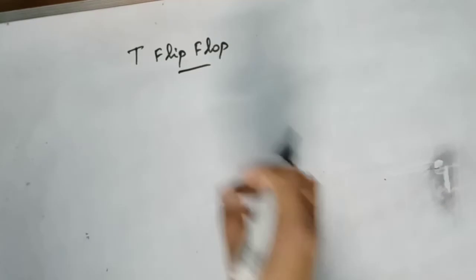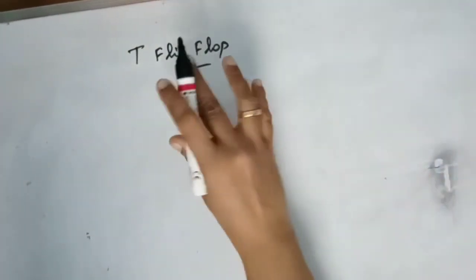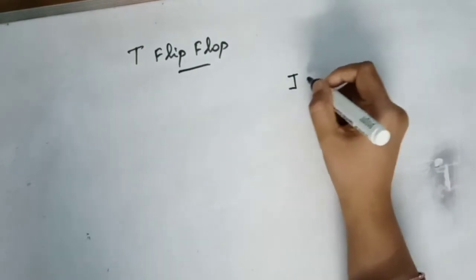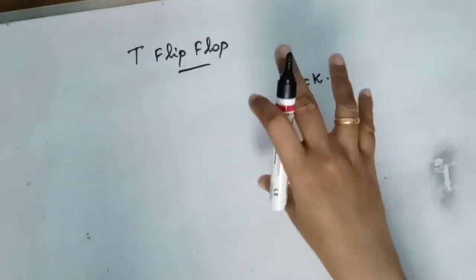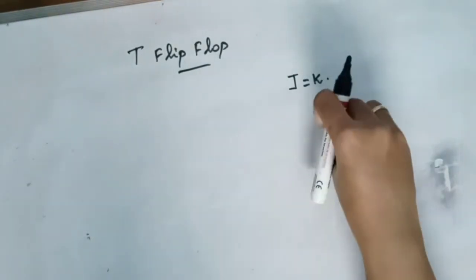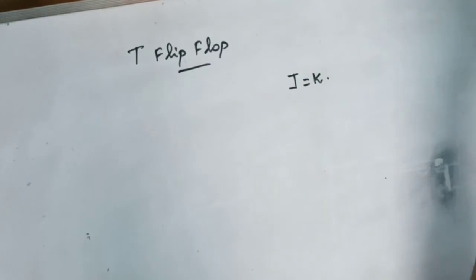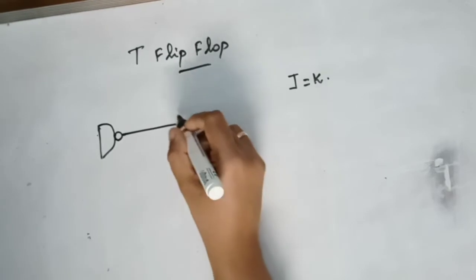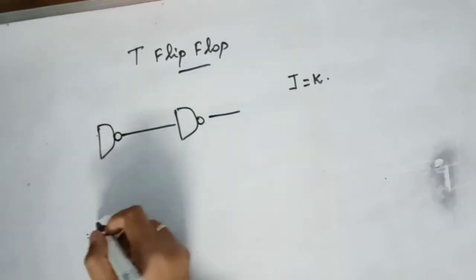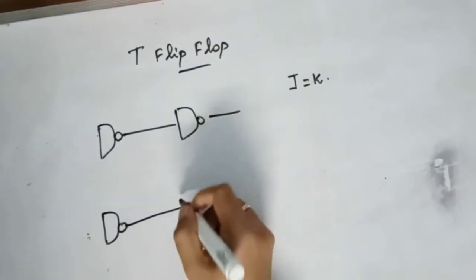Next is the T flip-flop. Now what is a T flip-flop? In a JK flip-flop, if J is equal to K, then that is called a T flip-flop. Circuit wise, it is just the JK flip-flop like the earlier case.